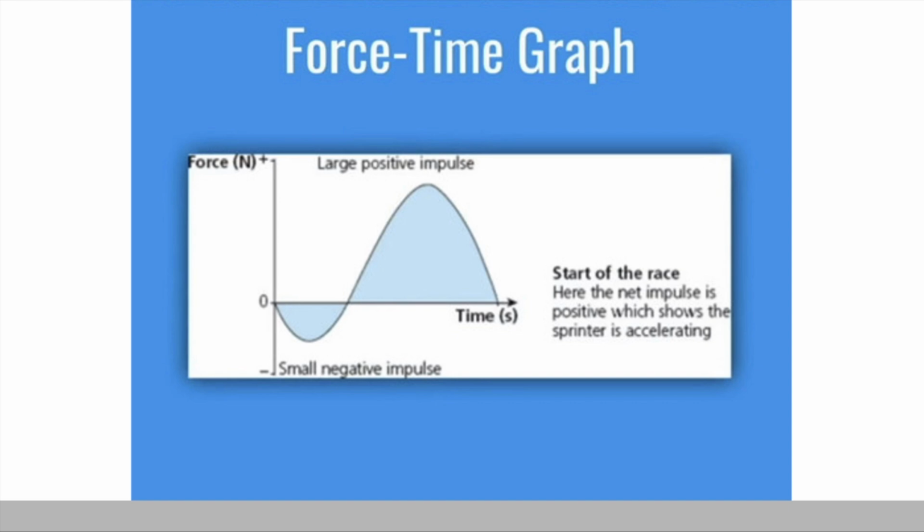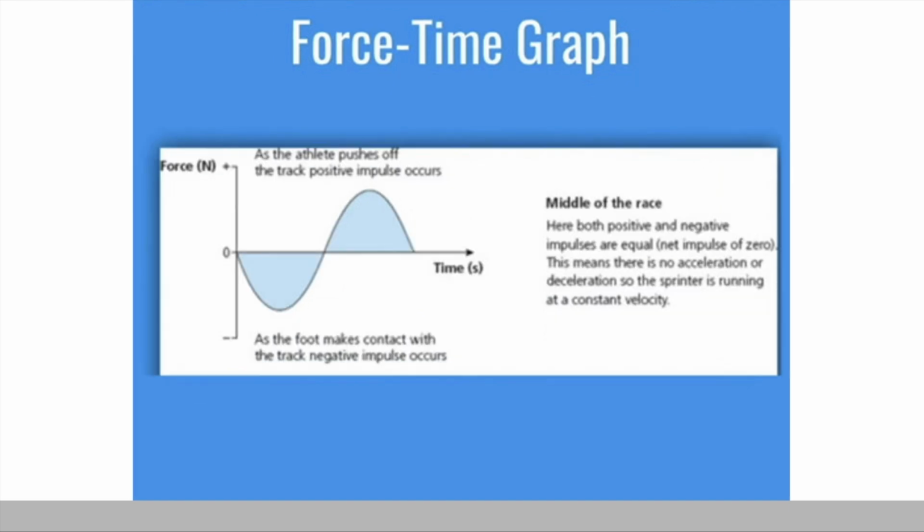As the race continues and we get into the middle of the race, we're going to see something that looks like this, where we've got an equal line below and an equal line above the force line there. So those two sort of half circles are equal to each other, and we call this an equal net impulse or a zero net impulse.